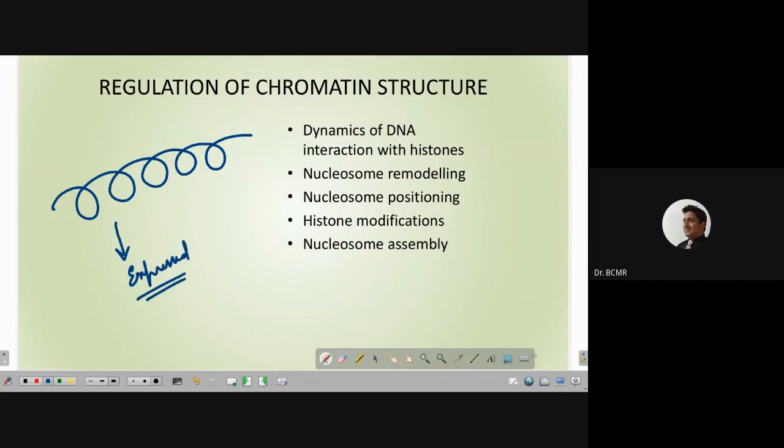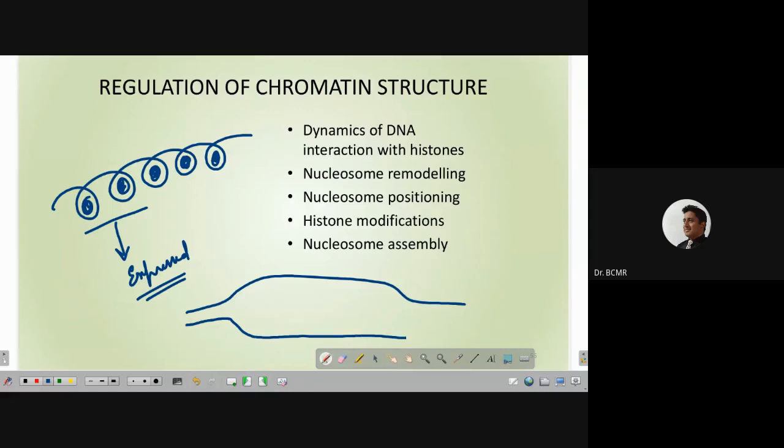Genes must be expressed, and if it is constantly in the same structure as nucleosomes like this, it's not so favorable for gene expression, because gene expression requires not only dissociation from the nucleosomes, but even the DNA itself should open up something like this. Denaturation is required, onto which RNA polymerase may bind and produce an mRNA or RNA itself, right?